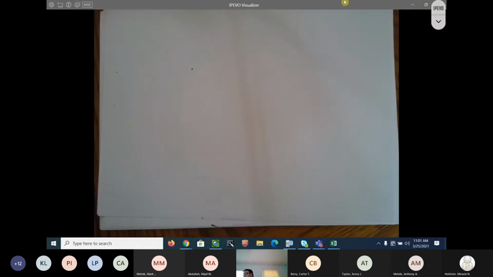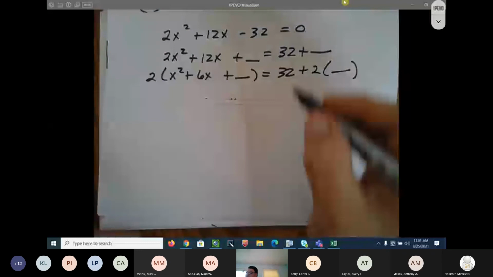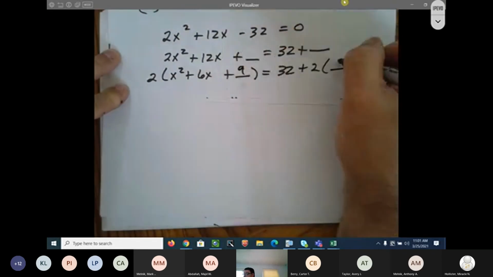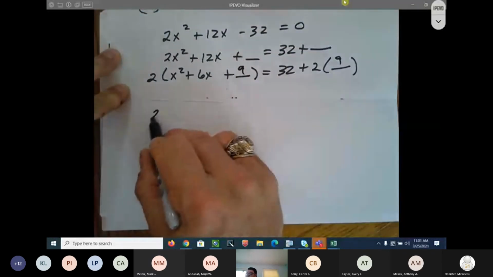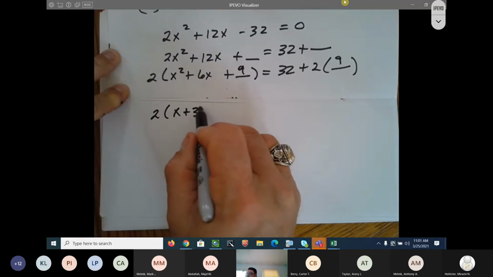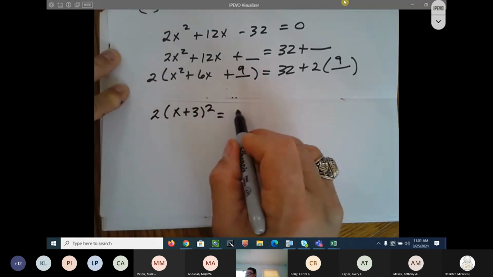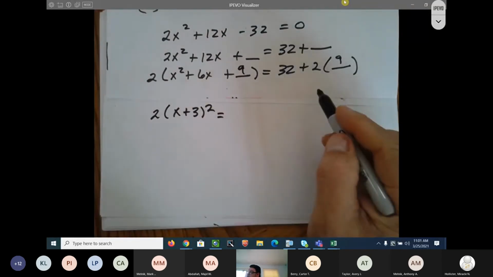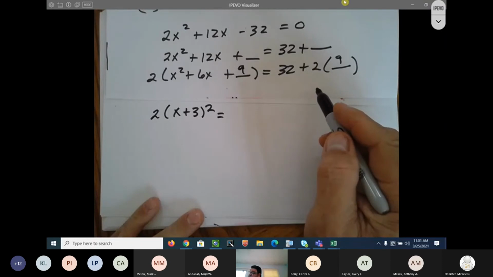Half of 6 is what? 3. 3 squared is 9. 2 times the quantity x plus 3, squared, is equal to 32 plus 18. What's 32 plus 18? Dang old 50.